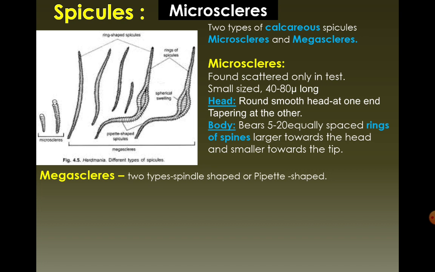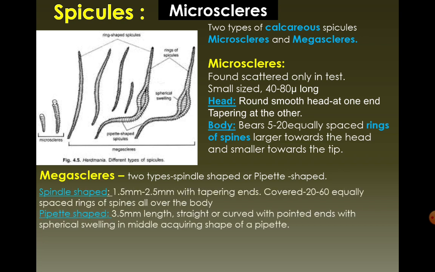Whereas megascleres are of two types. One is spindle shaped and the other one is pipette shaped, named based on their structures. Spindle shaped has two pointed edges, and pipette shaped has a bulb at the center. You must have seen this kind of pipettes in your labs. Since it has a bulb at the center, it is called pipette shaped megascleres.